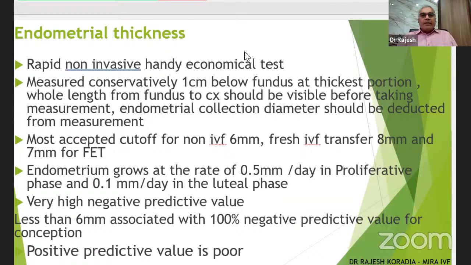The endometrial thickness has a very high negative predictive value. Less than 6 millimeter is associated with a 100% negative predictive value for conception, but the positive predictive value is poor. A thicker endometrium cannot ensure the best receptivity.